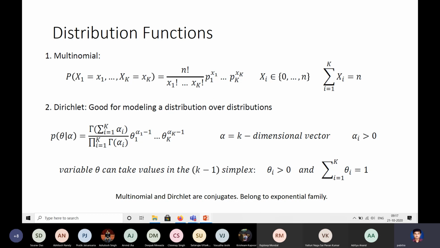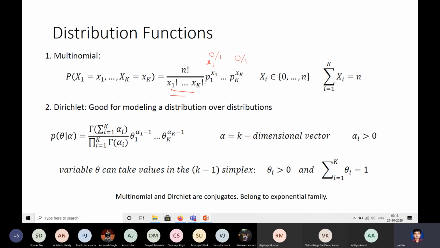Let us write down the distribution functions. The multinomial, think of it like this. Forget about the normalizing factor. It is like if you throw a dice, the outcome is 1. Each x_k is 0 if the outcome is not k, and 1 if the outcome is k.